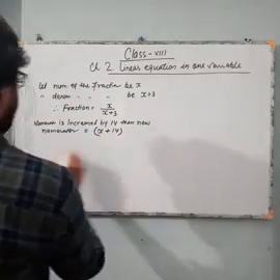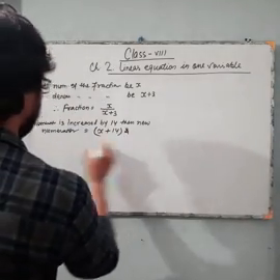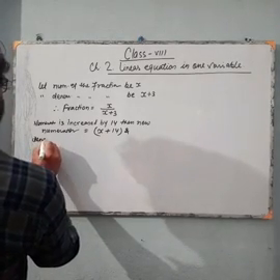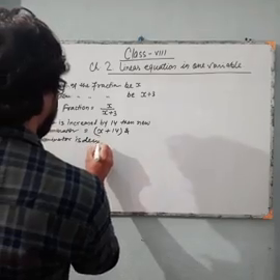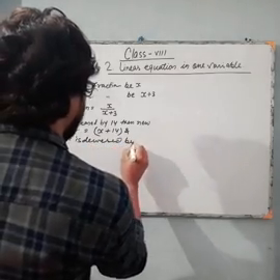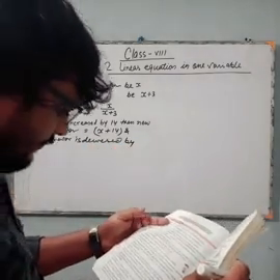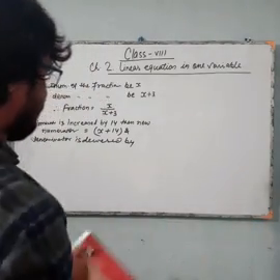And the denominator is decreased by what? Decreased by 3.